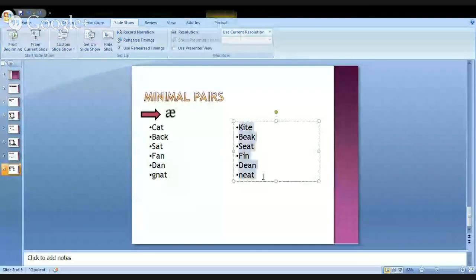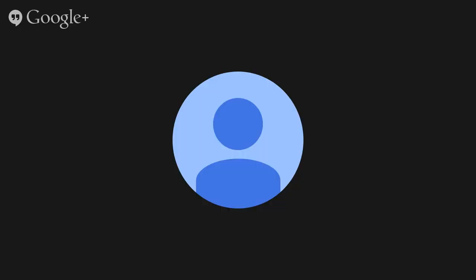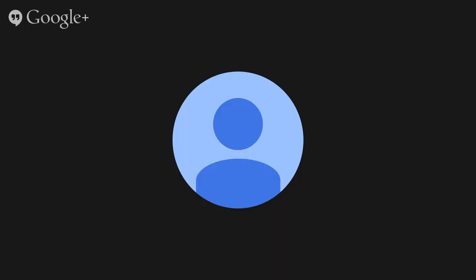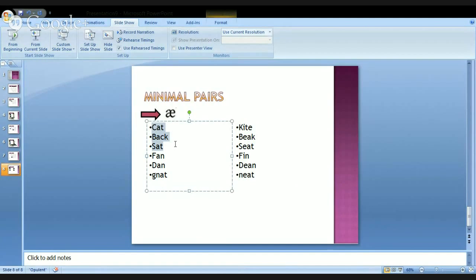So let me share my screen. We just have some words with that sound. These are a variety of vowel sounds. For example, we have cat. Cat. Yeah, you said it right. Back. Back. Sat. Sat. Yeah, that's right. When you say it in words, you have the right sound, Fernando.